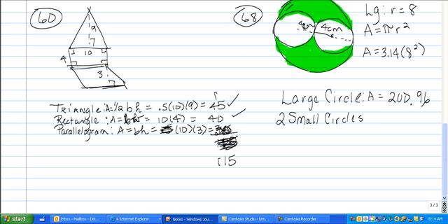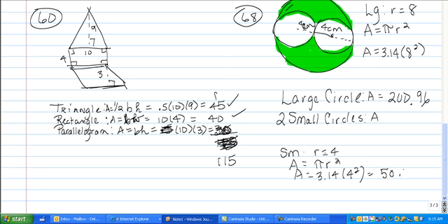Okay, let's work with the small ones down here. We know the radius is 4, and so the area of 1 would be pi r squared, which is 3.14 times 4 squared, which would be 50.24.